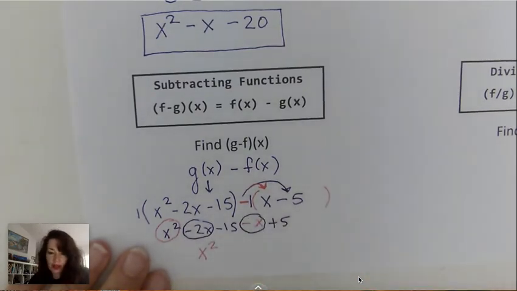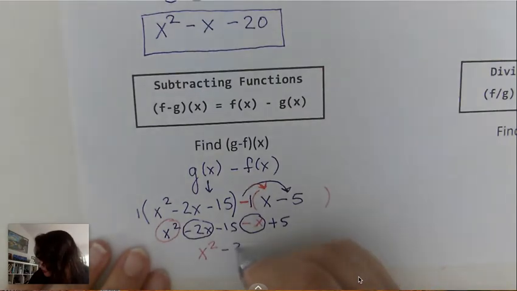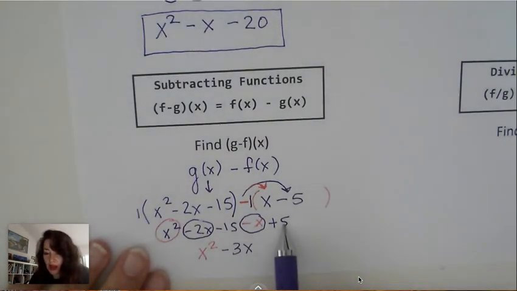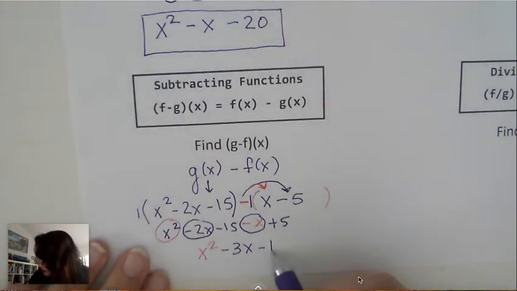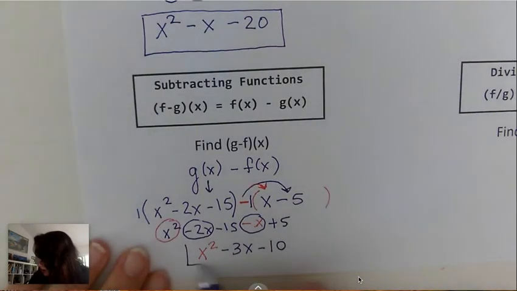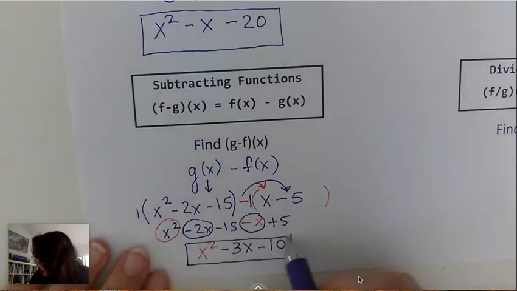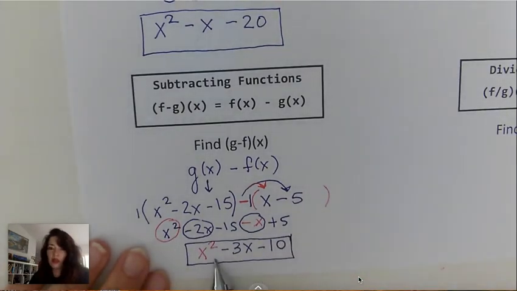Negative 2x minus x is minus 3x. And then negative 15 plus 5 is negative 10. So our answer to g of x minus f of x is x squared minus 3x minus 10.